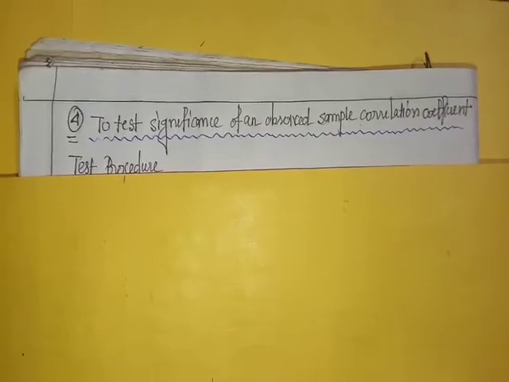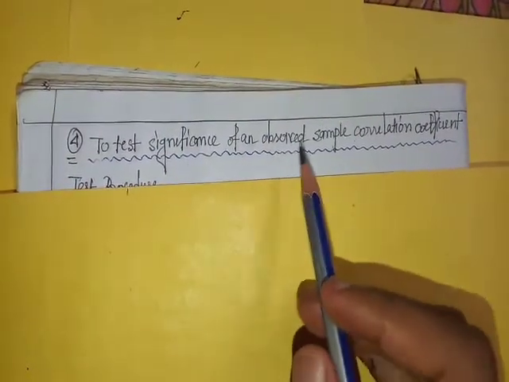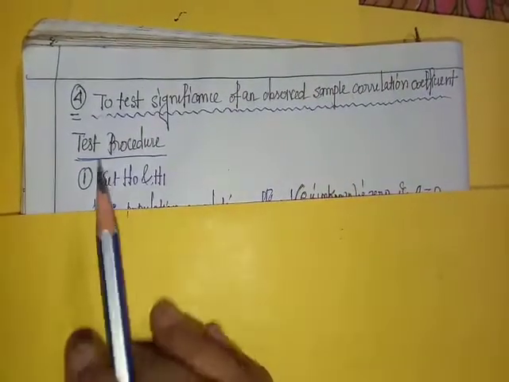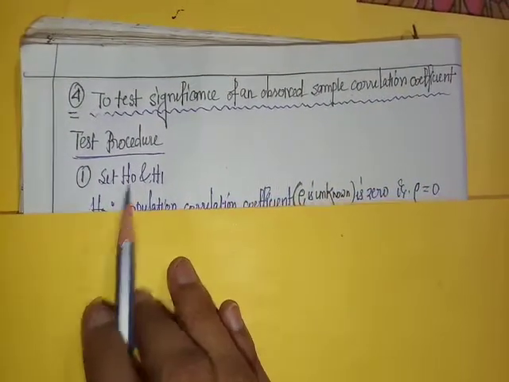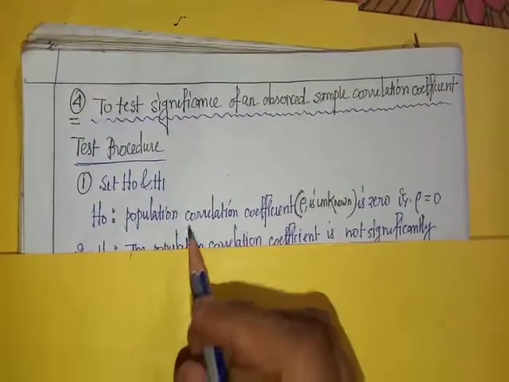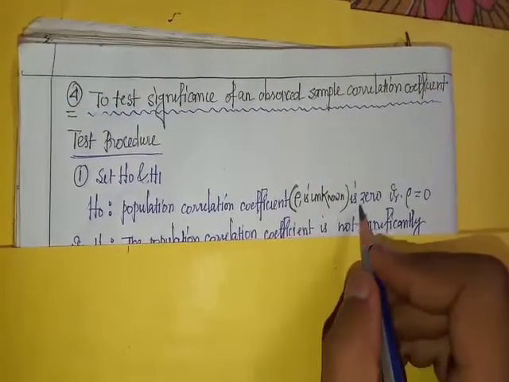Next application of the student t-test or small sample test is to test the significance of an observed sample correlation coefficient. Test procedure: set the null hypothesis and alternative hypothesis. The null hypothesis is that the population correlation coefficient is 0.